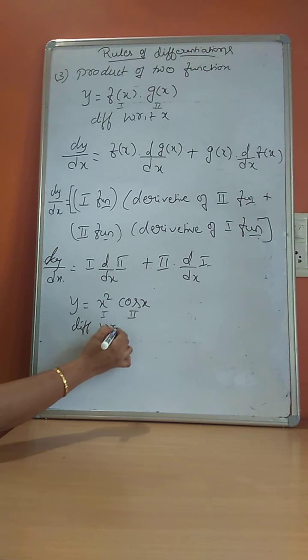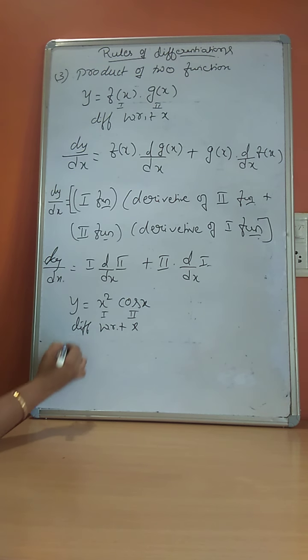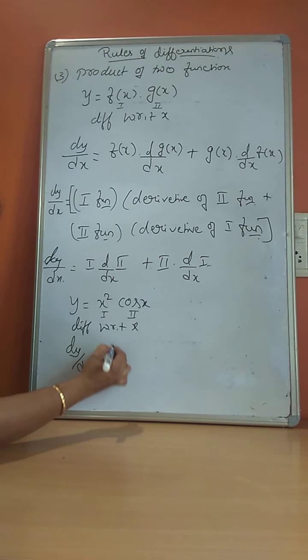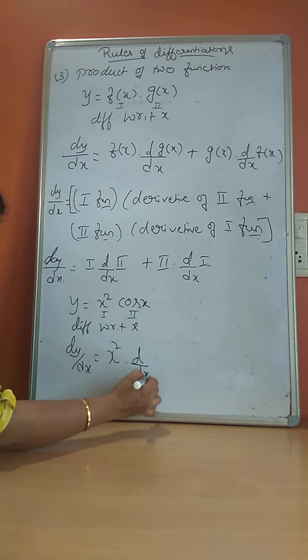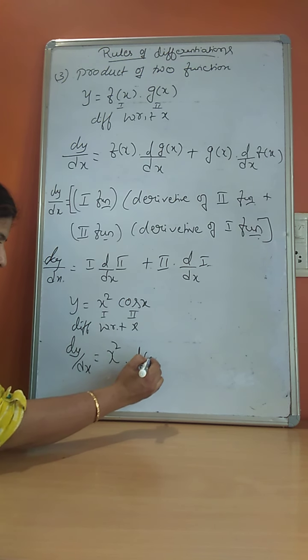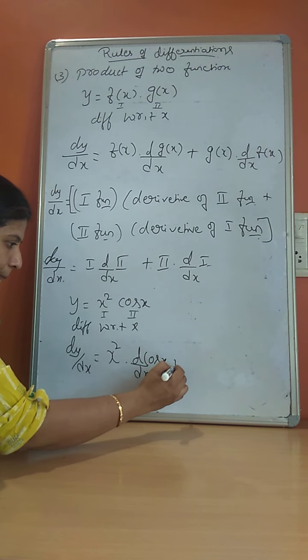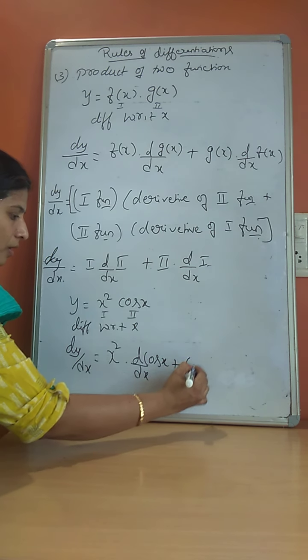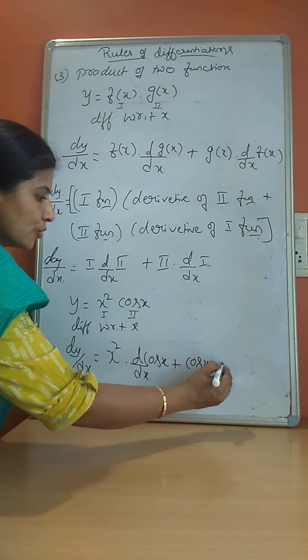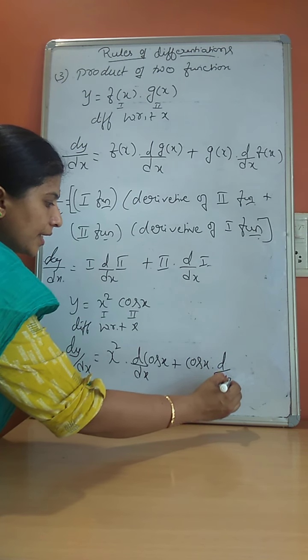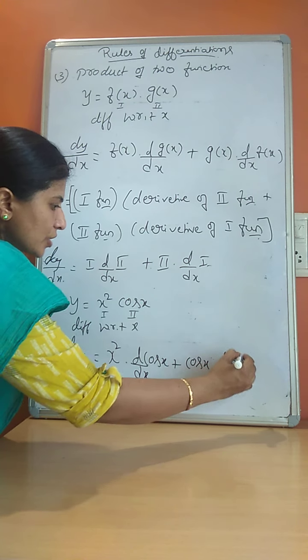Differentiate with respect to x. We get dy by dx is equal to first function into differentiation of second function plus cos x, that is second function, into d by dx of first function.